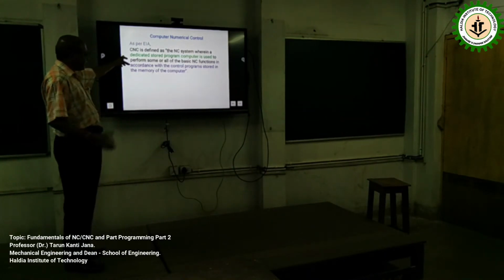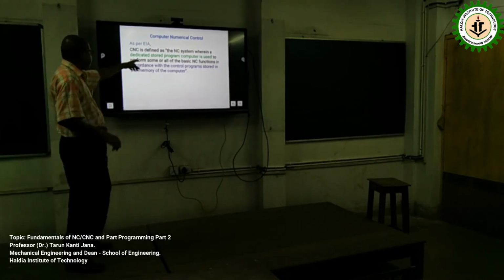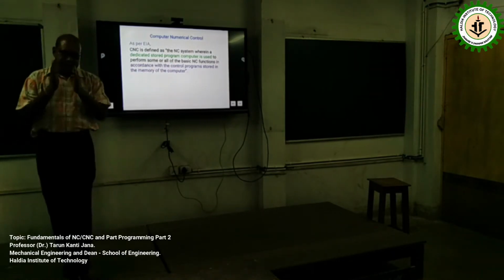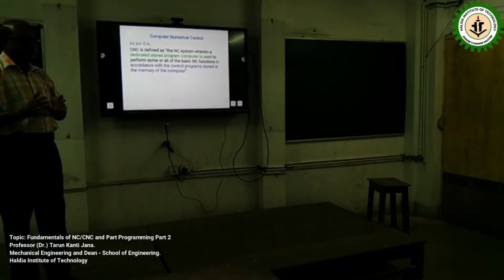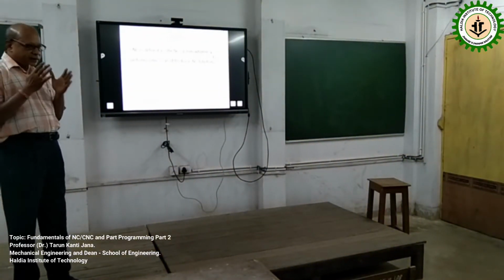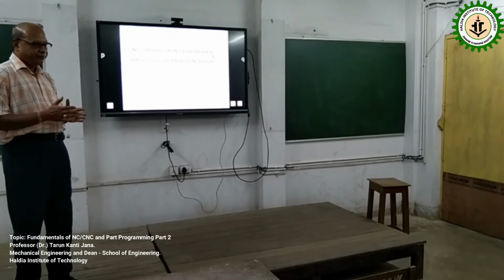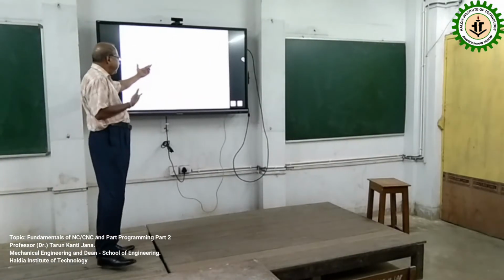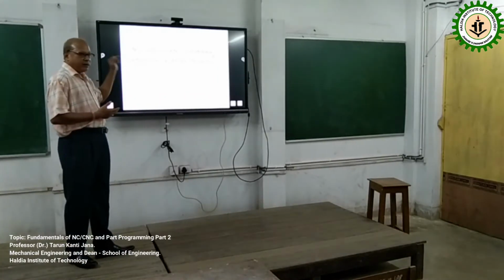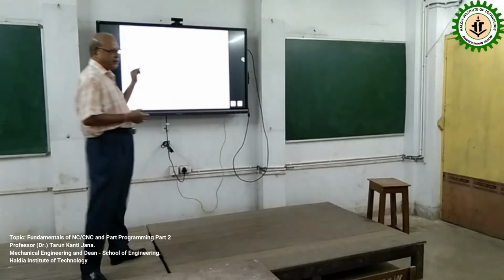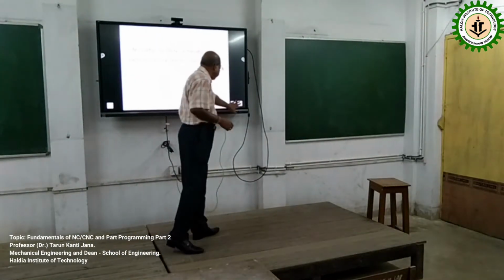So what is CNC? What is the advancement or modification? It has got a dedicated stored program computer to execute all the CNC functions, and importantly, it can save the program permanently. And due to high speed computing facilities, these internal calculations can be carried out very fast and of course accurate.